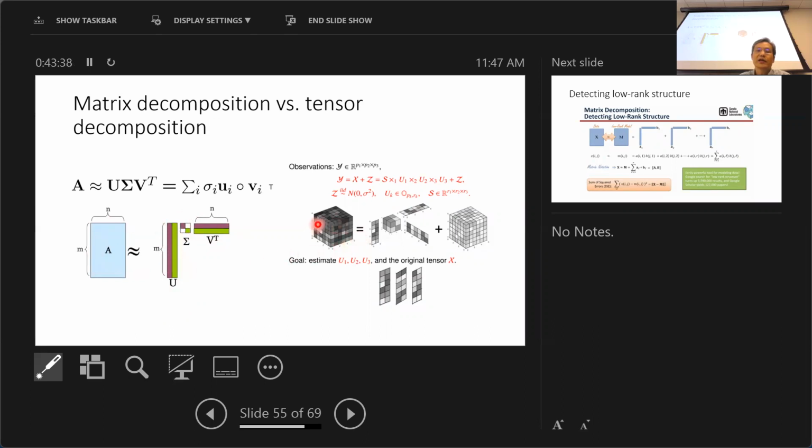Same idea if you can decompose a data structure like this into this small matrix, this small matrix, this small matrix, plus a small tensor which only contains values in its diagonal position.